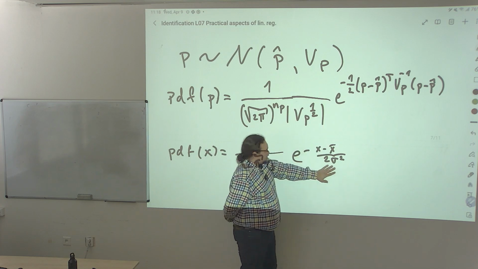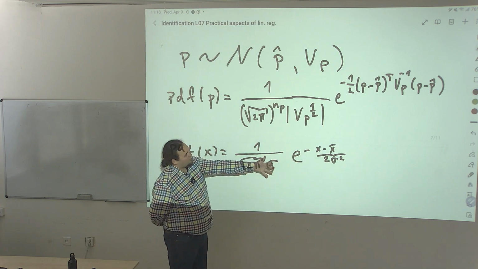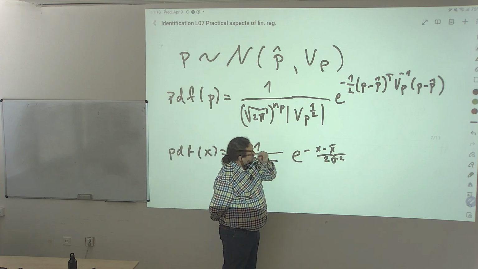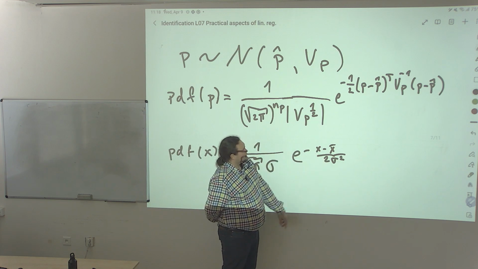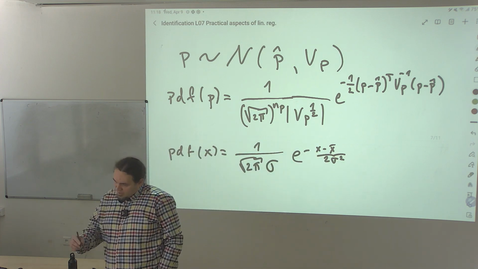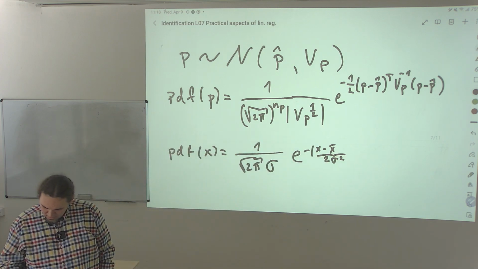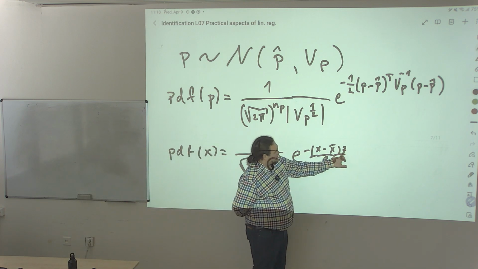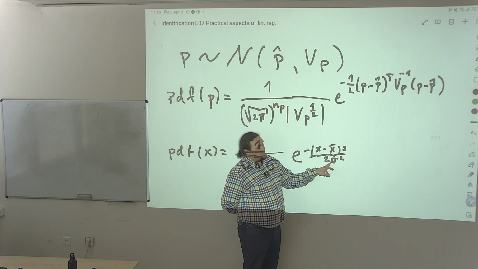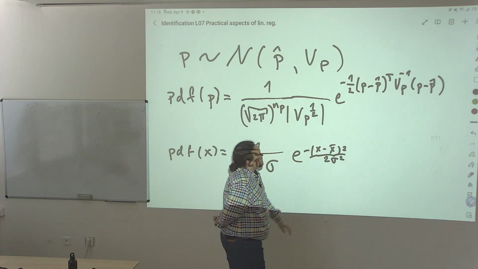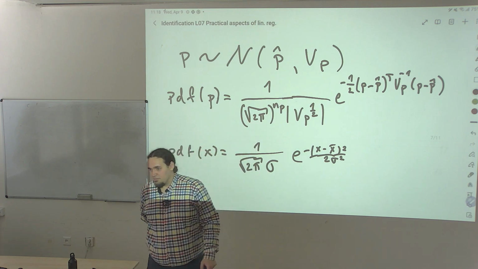Nothing else than just the vector matrix product, the brother of our scalar expression. There should be a square here. Yeah. So this is a quadratic form. Instead of division by the covariance matrix, we just use the inverse.